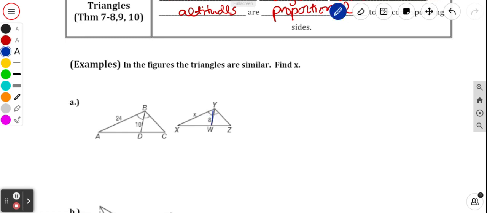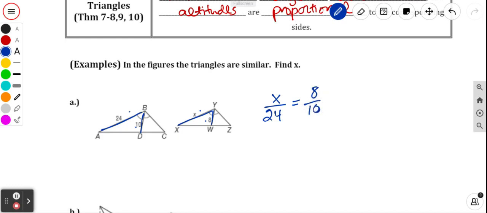So this is an angle bisector, so is this. If these triangles are similar, then the angle bisectors and the sides are proportional. When you set up your proportion, you can do it several different ways. You could go side to side equals angle bisector to angle bisector, like x over 24 equals 8 over 10. That's probably what I would do.